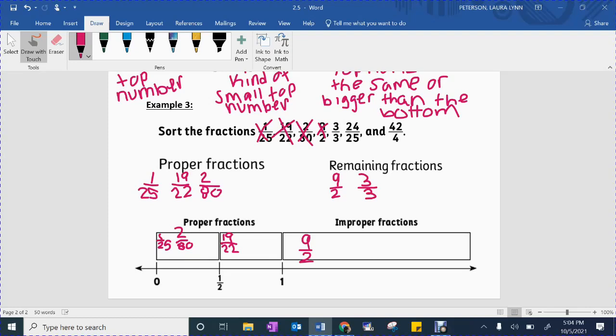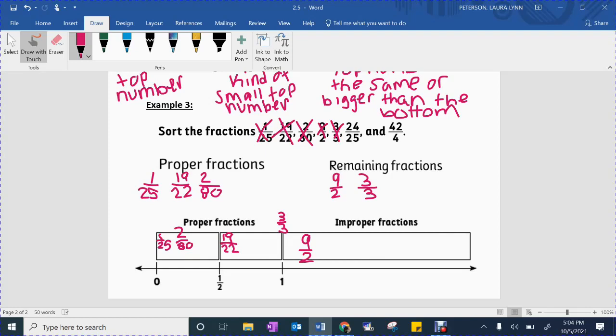Well, 3 over 3 is the same thing as 1 whole. So when we draw this on our number line, we have to actually draw it right above the 1, which is actually the edge of 2 boxes. So this one actually doesn't get a box. Let's draw 3 over 3 right there on our paper. Then cross it off your number line, your list of problems.